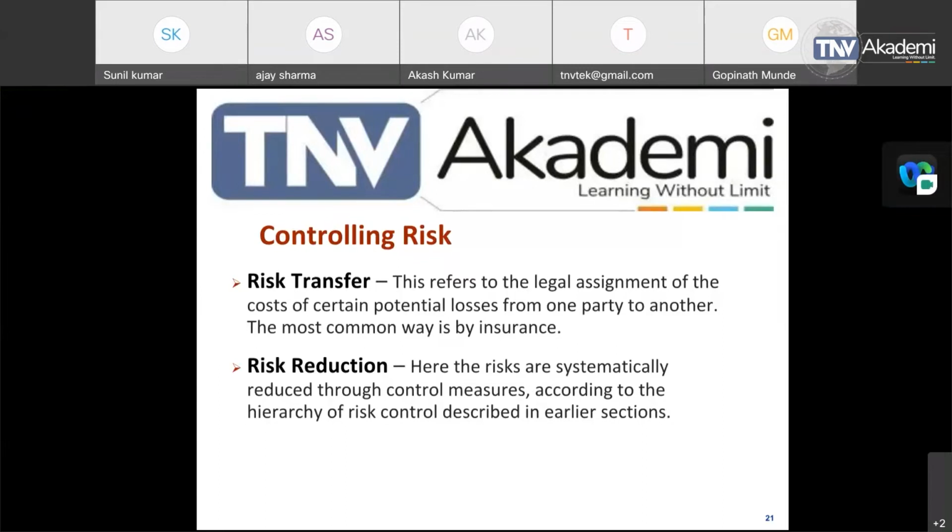According to the risk, control measures are different. For the physical hazard, the control measure will be different; for a chemical hazard or chemical risk, there will be a different control measure; and for a microbiological hazard or microbiological risk, you have a different control measure. Through that you can reduce your risk.